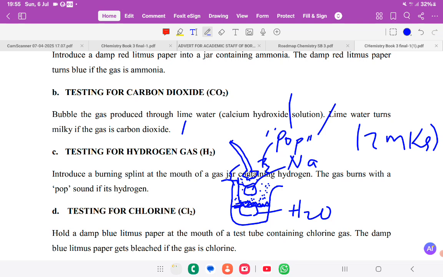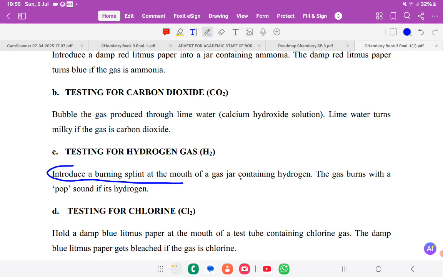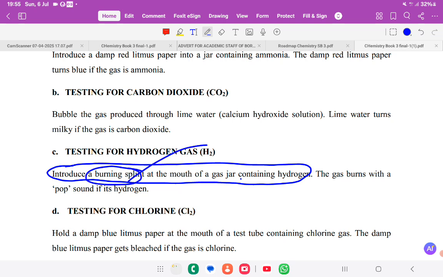Remember that hydrogen has a property of being explosive, so it is going to explode. So if an examiner is asking you to explain the test for hydrogen gas, all you have to do is introduce a burning splint. Or if you have forgotten to say a burning splint, the splint is just a stick, so you can simply say a burning matchstick.